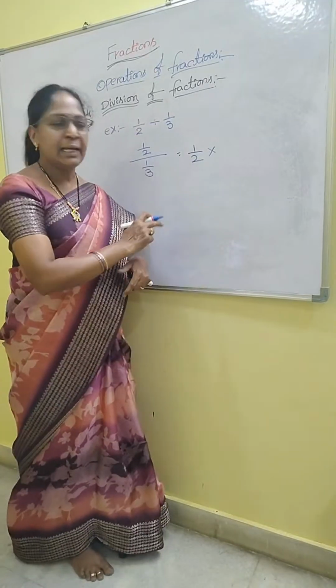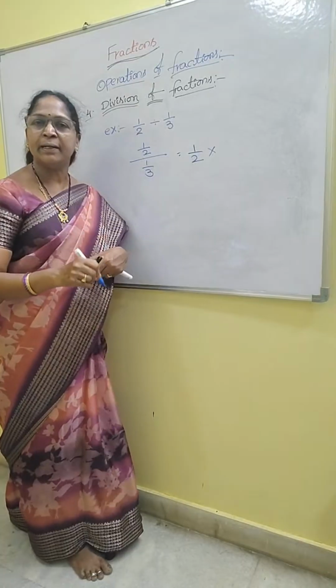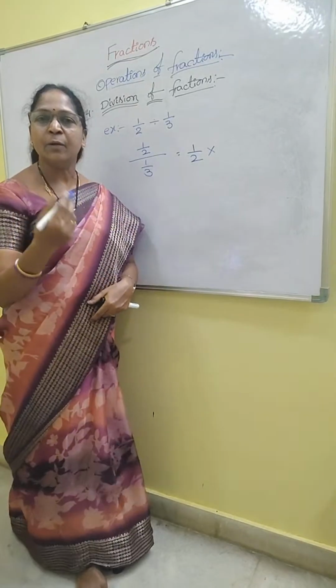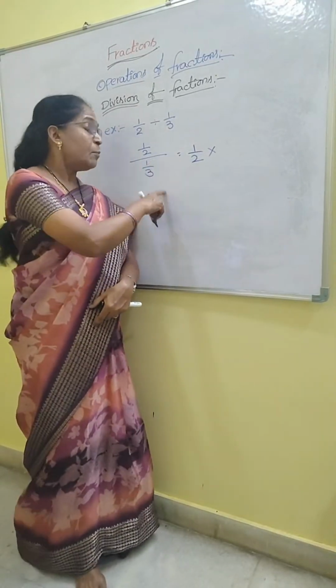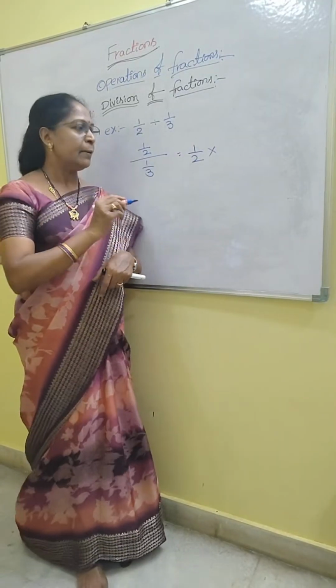In 1 by 3, 1 is the numerator and 3 is the denominator. What is the reciprocal of 1 by 3?